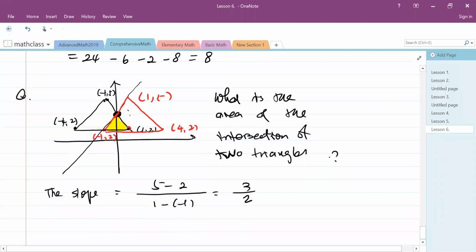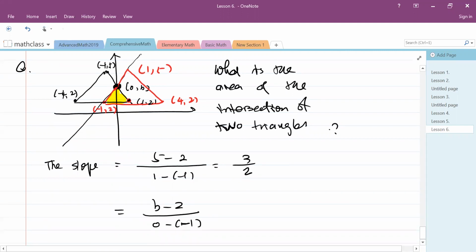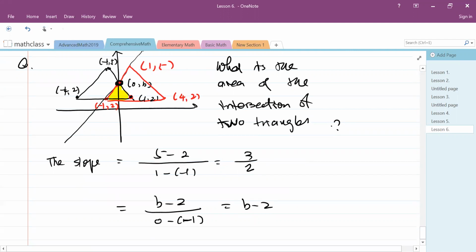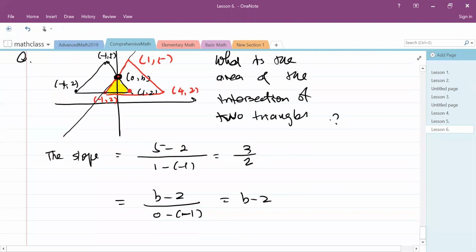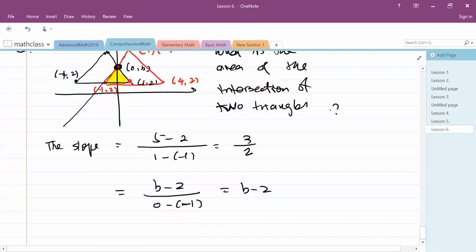This intersection point is 0 and b, right? So this is also equal to b minus 2, over 0 minus -1. That's useful, right? So 0 minus -1 is 1. So it's b minus 2. So the y-intercept, without finding the linear equation for the line, I can figure out the value of the y-intercept.